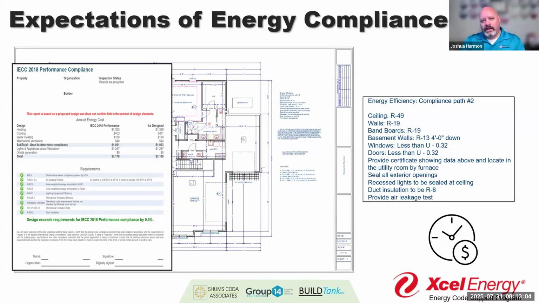But again, when we think about those compliance paths, a performance report is going to take into effect more than just the envelope, right? It's going to tell me how that equipment operates. It's a question of what the actual efficiency is, not whether it meets the minimum expectations of the code. And I can trade a lot of things off depending on my efficiency, my lighting systems, and those kinds of things.